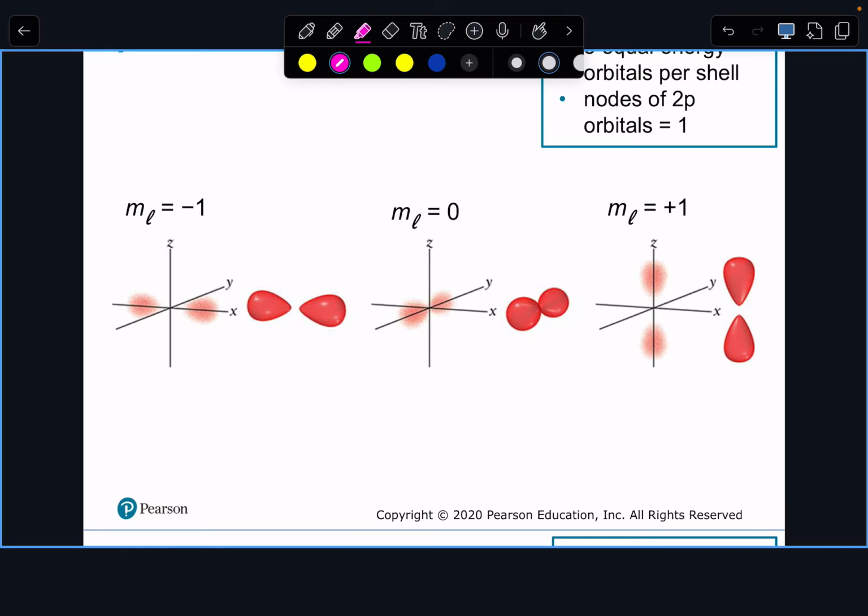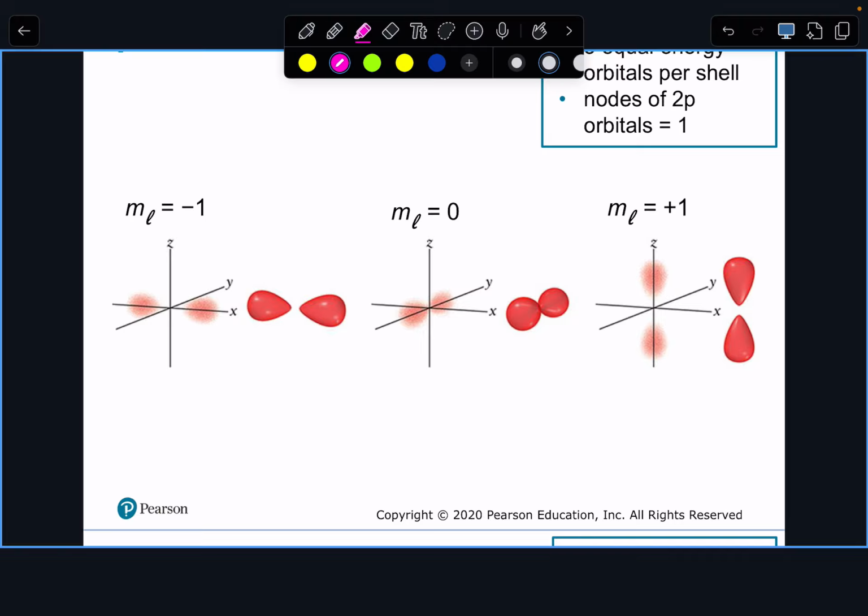So n equals 1 is down here. Instead of drawing a line, I'm just going to write n equals 1, n equals 2, n equals 3, n equals 4.